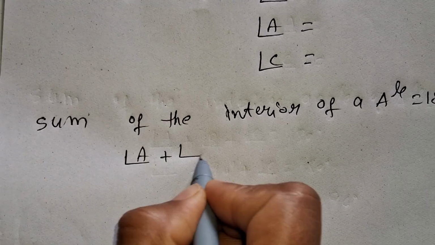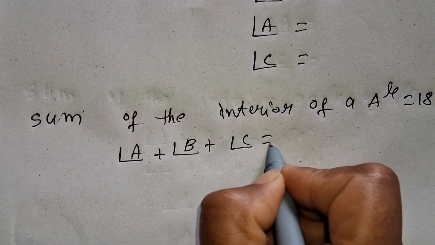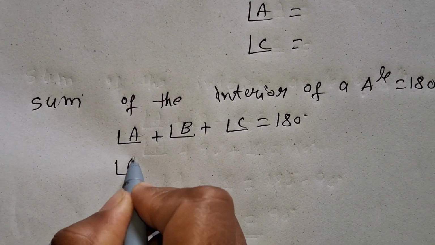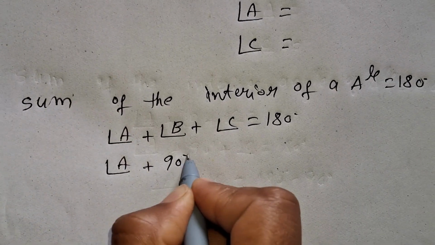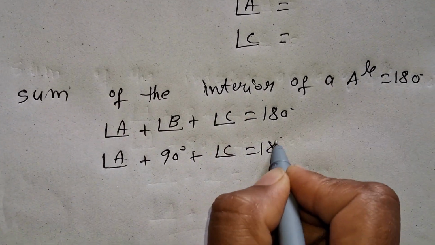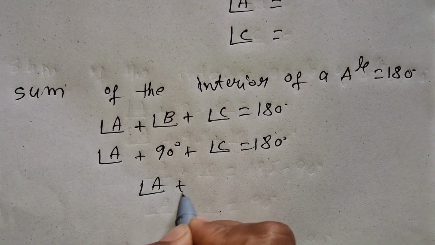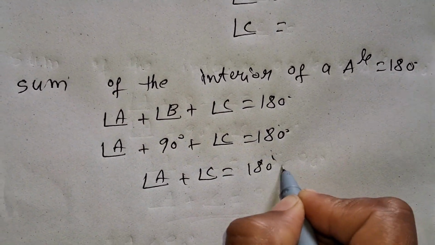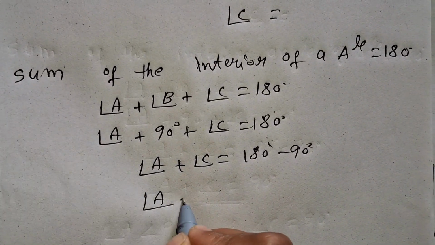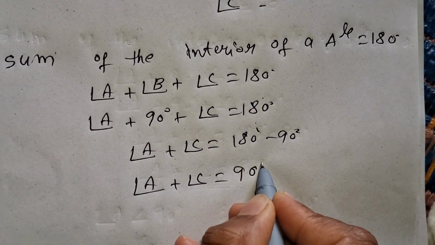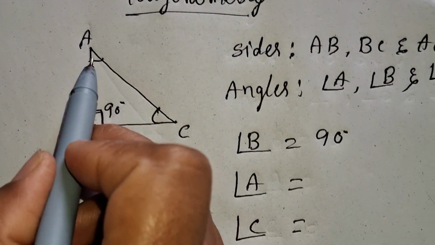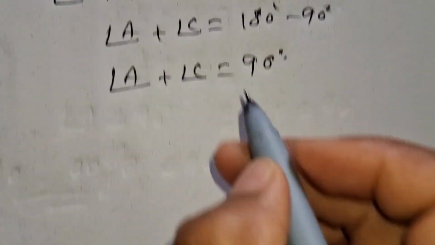Angle A plus angle B plus angle C equals 180 degrees. We don't know angle A or angle C, but angle B is 90 degrees. So angle A plus angle C equals 180 minus 90 degrees, which is 90 degrees.